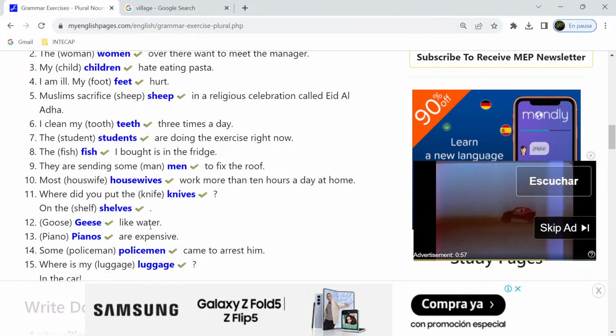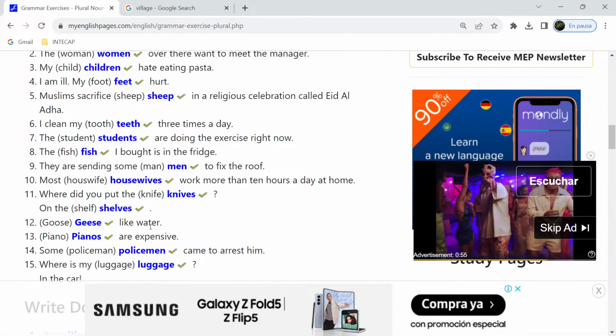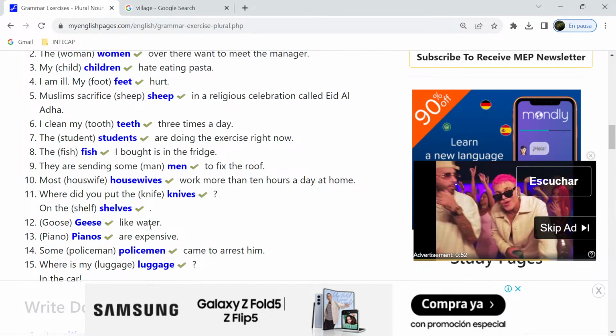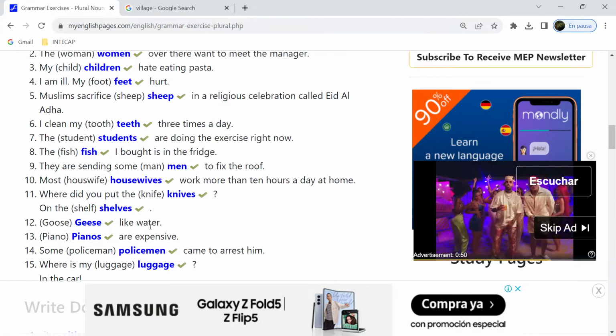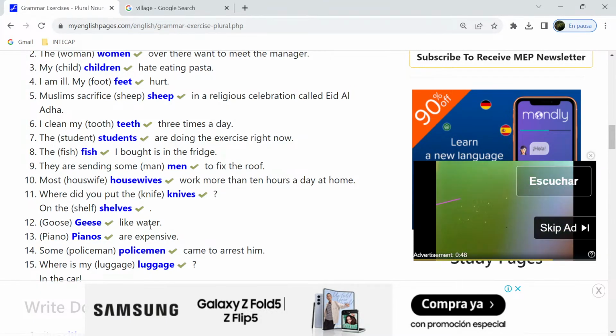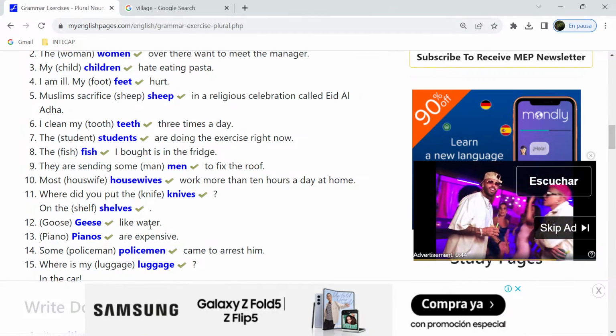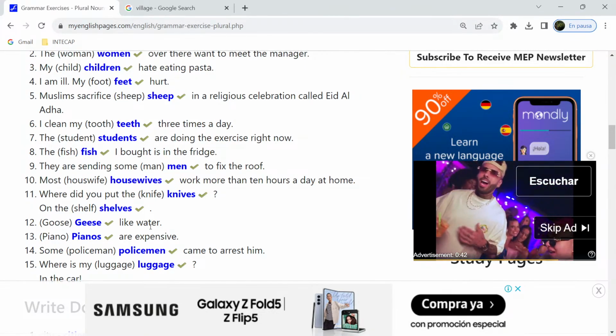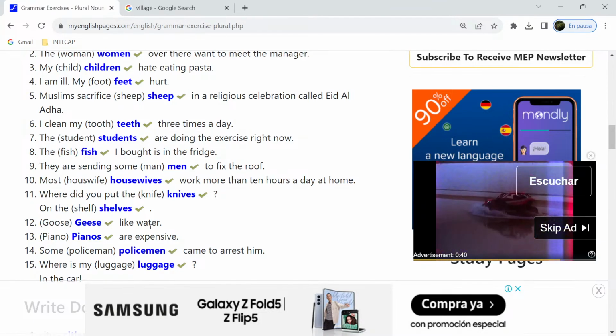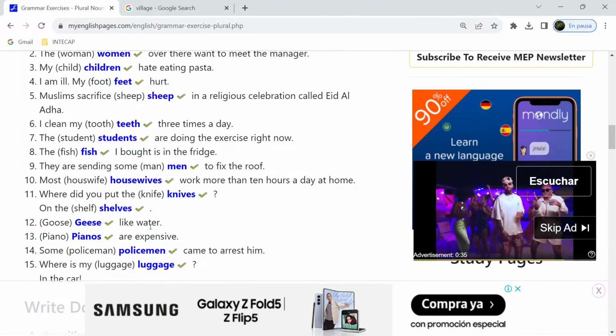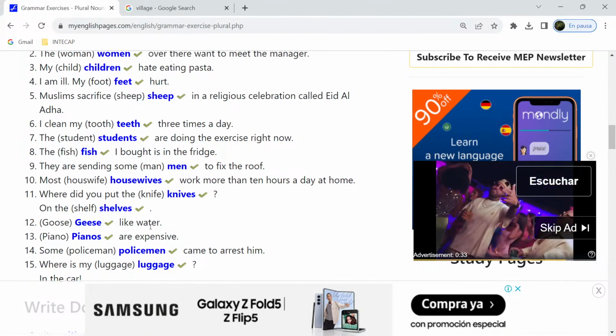Everything has to match, because otherwise it might sound strange, or we are going to be wondering if it's correct or not, if I'm talking in plural or in singular. The purpose is again that you get familiarized with all of this.